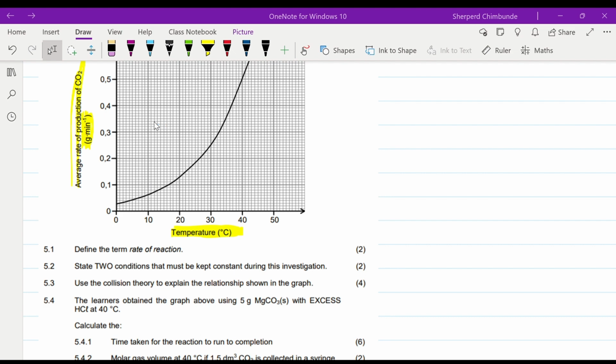So I'm going to open a 2017 exam guideline and go to chemistry under rates of reaction. So we're going to define reaction rate as the change in concentration of reactants or products per unit time.